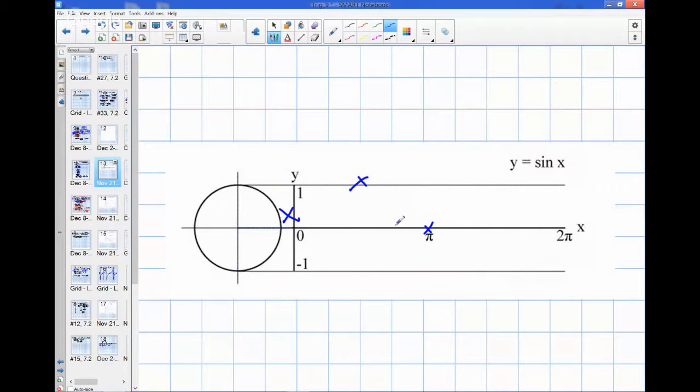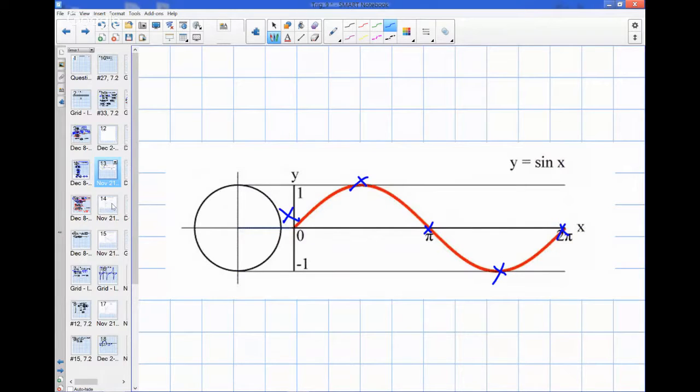The third quadrant is the first time it goes negative, so it dips down to -1 at 270 degrees. And then finally it comes back up to 0, and it just repeats over and over, and you get this forever wave function.